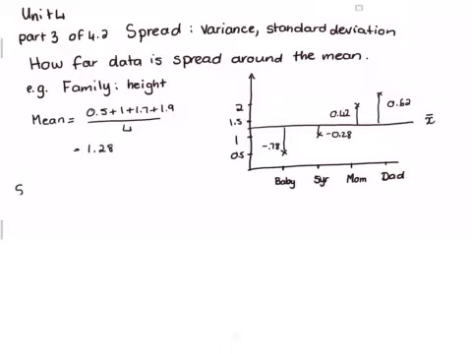So the standard deviation we indicate with this little sign, which is the lowercase sigma Greek letter. It tells me how all these heights are spread in relation to the mean.